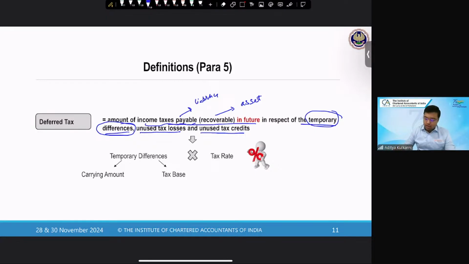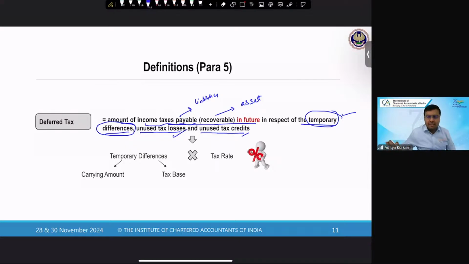So these are the amounts of income taxes payable or recoverable in respect of temporary differences, unused tax losses, and unused tax credits.